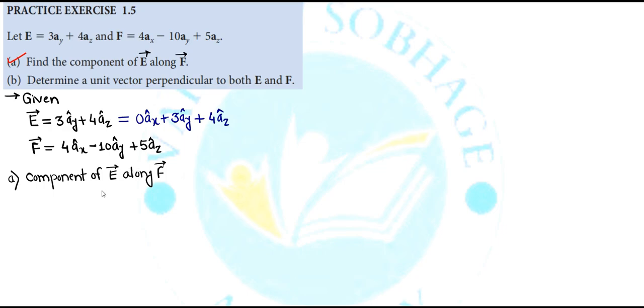Now very firstly, in order to find the component of vector E along vector F, we are going to find the scalar projection of one vector onto another.